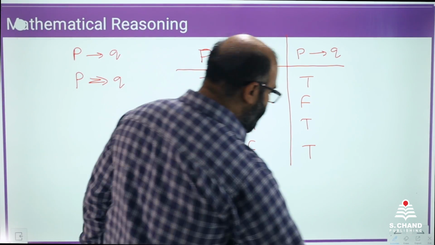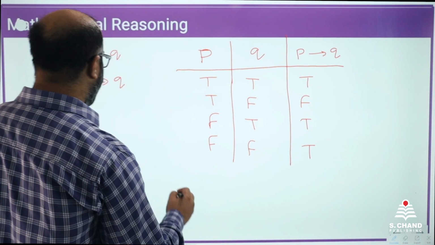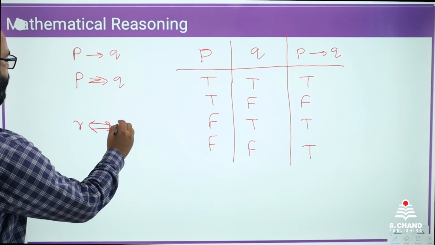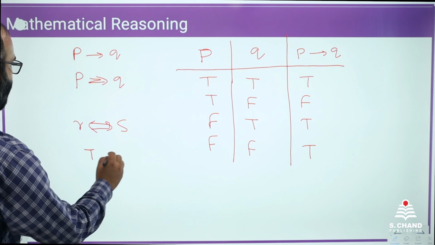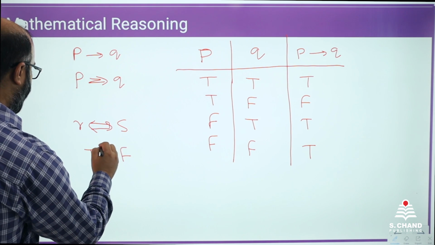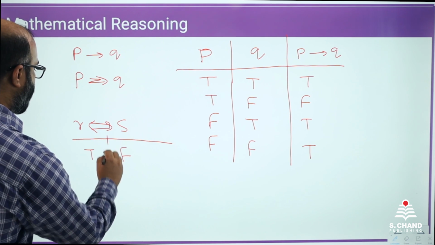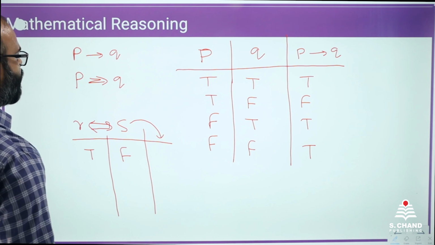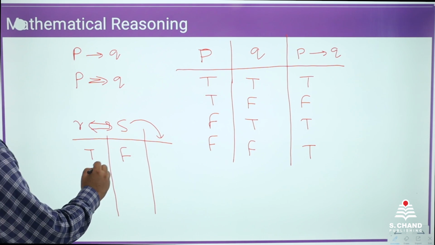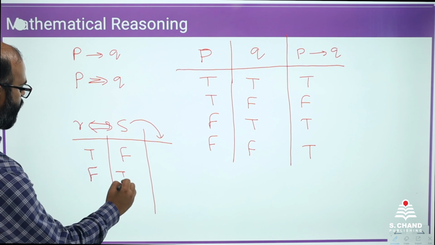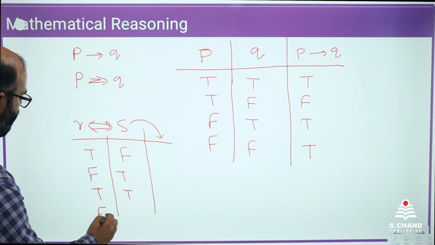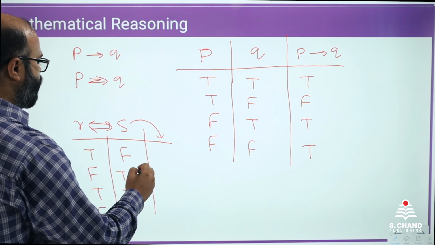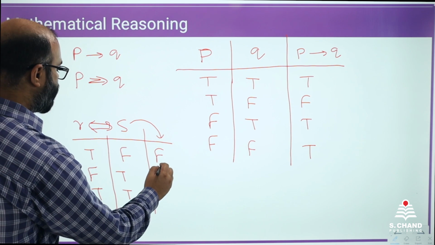Another is double implication. I am making double implication here only. Suppose R and S are two statements and we are making double implication, then its truth table will be like this. This is R, this is S, and I am making R double implication S here. I am making these entries here. True to false is actually false, and false to true is also false.